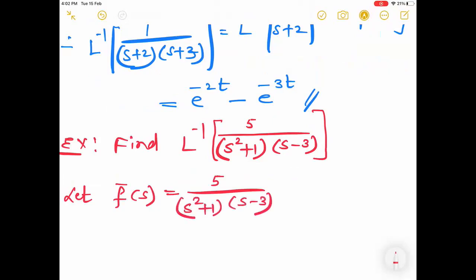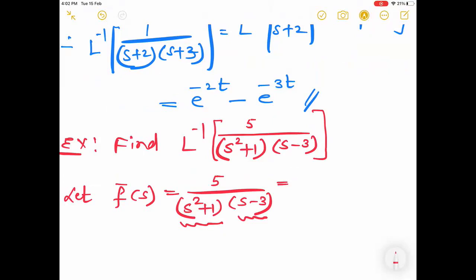It's 3, no, madam? Yes, 3. This is quadratic and this is linear. Quadratic means degree 2, linear means degree 1. Together the degree is 3, so there should be 3 unknowns. And how will you write down the 3 unknowns?